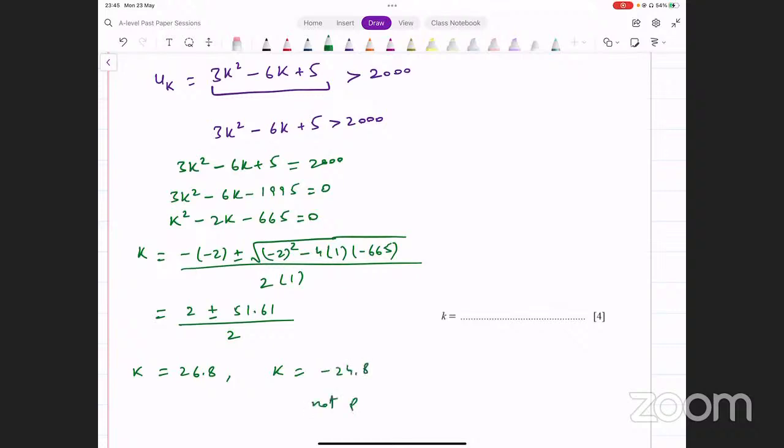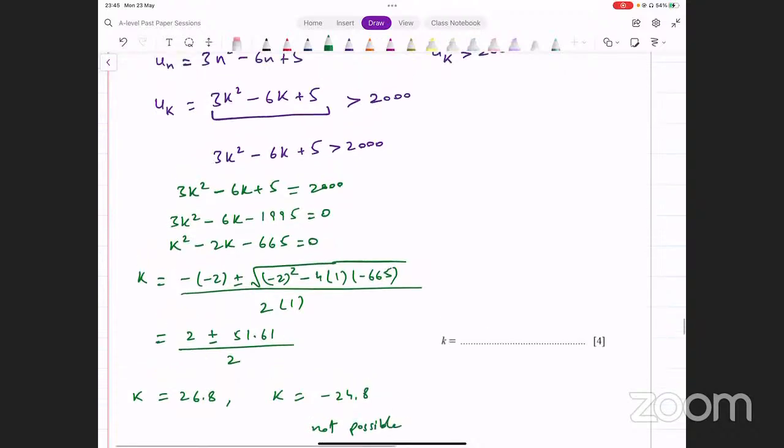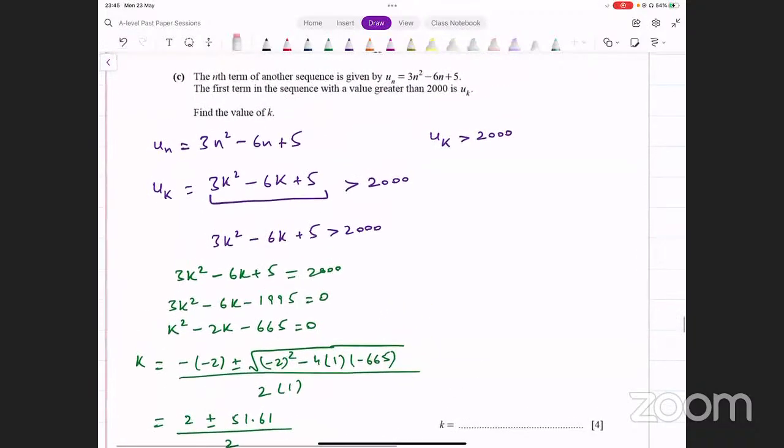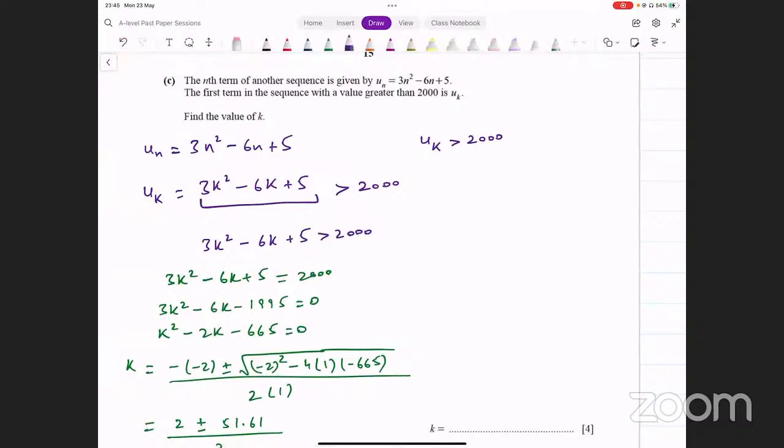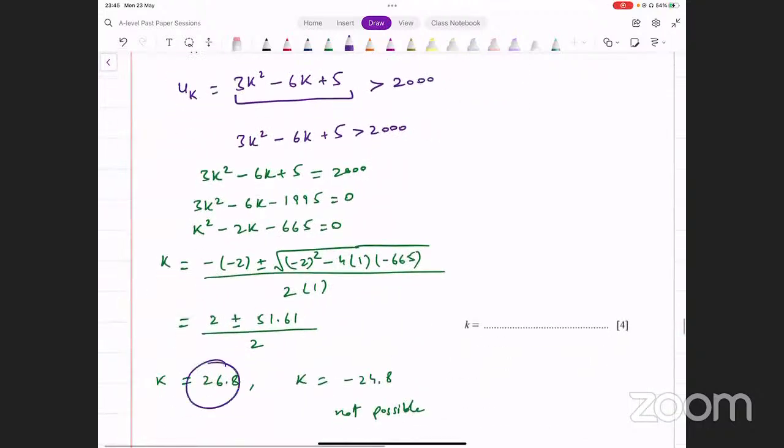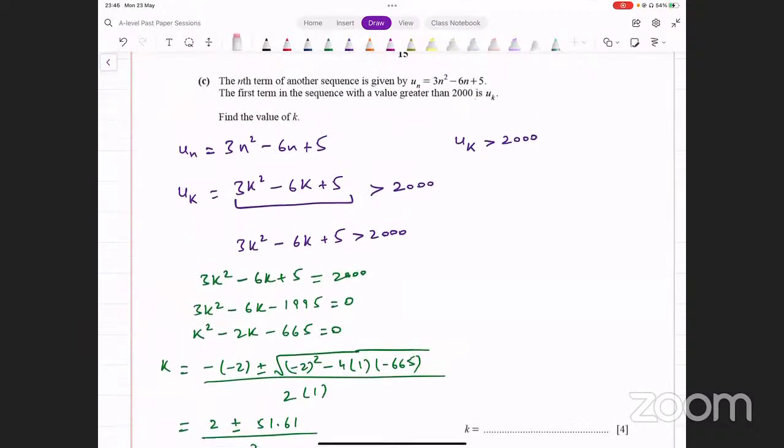This is not possible, number of term जो है वो negative तो हो नहीं सकता, so we're not really going to consider this possibility. तो जब k की वैल्यू 26.8 होती है, तो हमारे पास जो टर्म आती है that is going to be 2000 exactly, ठीक है. अब 26.8 तो कोई टर्म हो नहीं सकती, डेसिमल में तो टर्म नंबर नहीं हो सकता, हमें इससे बड़ी वैल्यू देखनी है. 2000 exactly नहीं चाहिए हमें, उसने कहा वैल्यू greater than 2000. तो 2000 से बड़ी वैल्यू हमें कब मिलेगी?